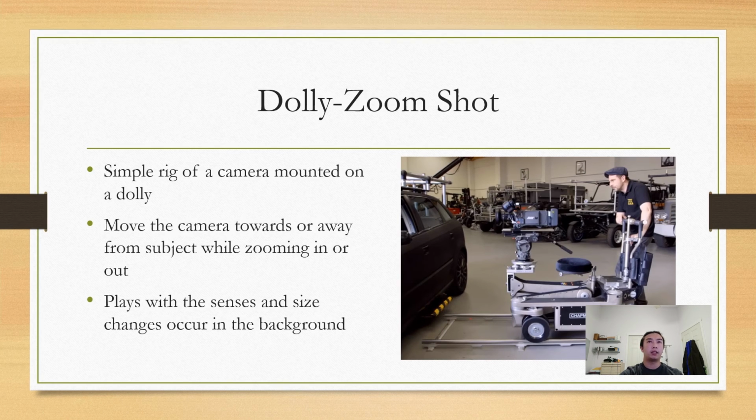It creates a sense of unease for the viewer, simulates spatial warp, and can give the impression that the background is somehow changing in size. The effect changes based on the choice of direction. This is an example of the dolly zoom in use by Martin Scorsese in Raging Bull, 1980.